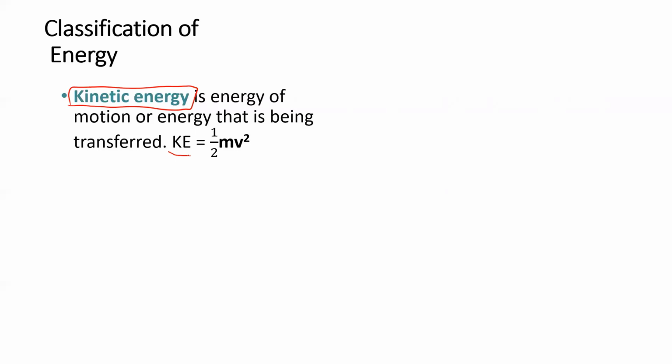As particles move faster, they have more kinetic energy. What are the units of kinetic energy? Well, the mass is kilograms, and the velocity, right? Velocity is a rate, it's speed. So like miles per hour, right? But typically, because we're using the metric system, instead of miles per hour, it's meters per second. And if I square that, I get kilogram meter squared per second squared.